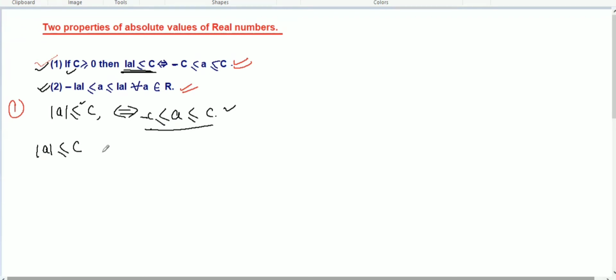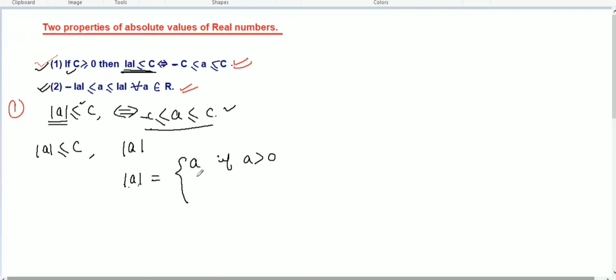Start from here. What is the absolute value of a? The absolute value of a will give you a if a is greater than 0.